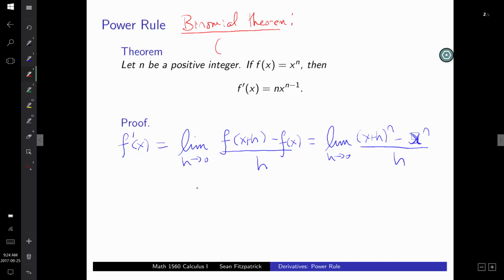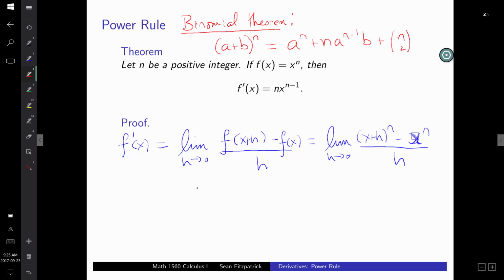It tells you how to expand powers of binomials. So if I have a sum of two numbers, a and b, and I want to raise it to the nth power, the binomial theorem says that you can expand that sum as follows. a to the n, and then n times a to the n minus 1 times b. The next term, so these numbers are called binomial coefficients.